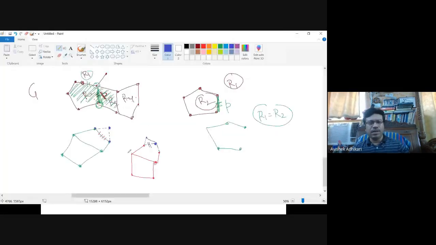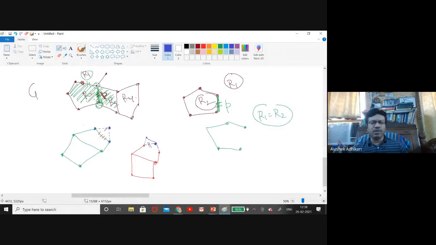For example, initially I started with this, then I had one elementary operation to get this one, and after that I used the subdivision operation here to get this graph. So you can understand that two extra vertices have been introduced here.